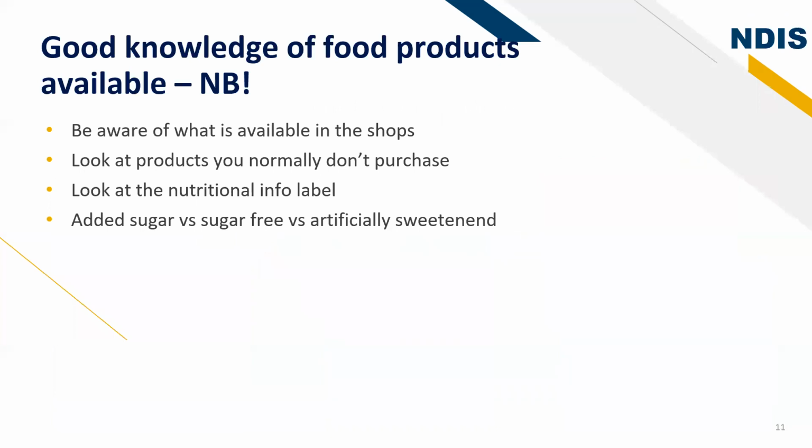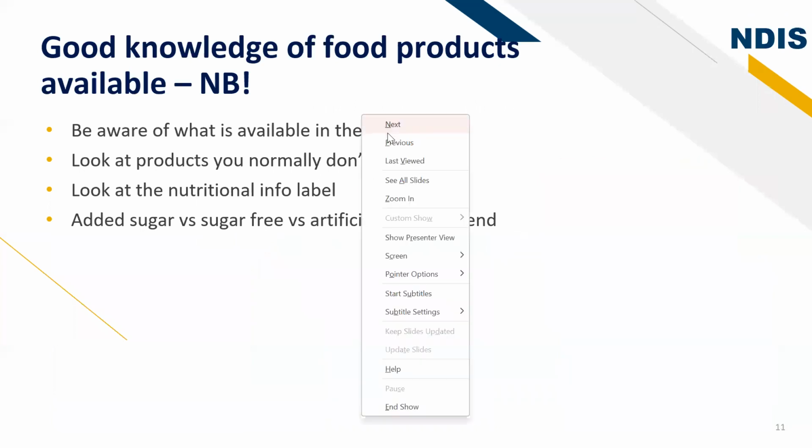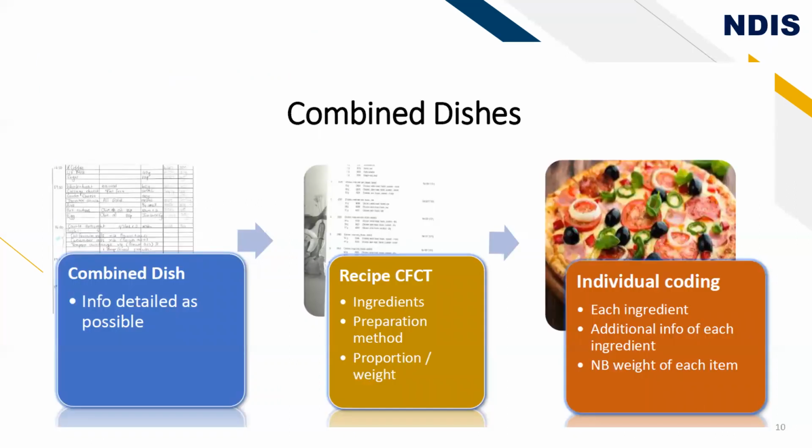These recipes are a standard recipe that has been used, and if the person cannot identify, after a lot of probing, exactly what the combined dish consists of, you might have to go to the combined dishes or the recipes that are available in the food composition tables.